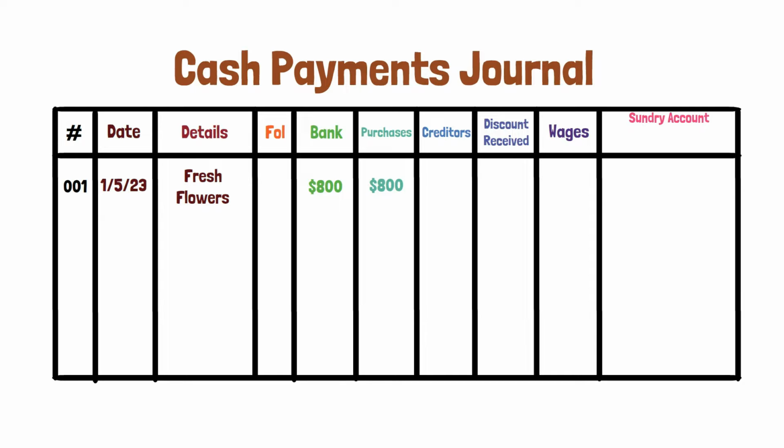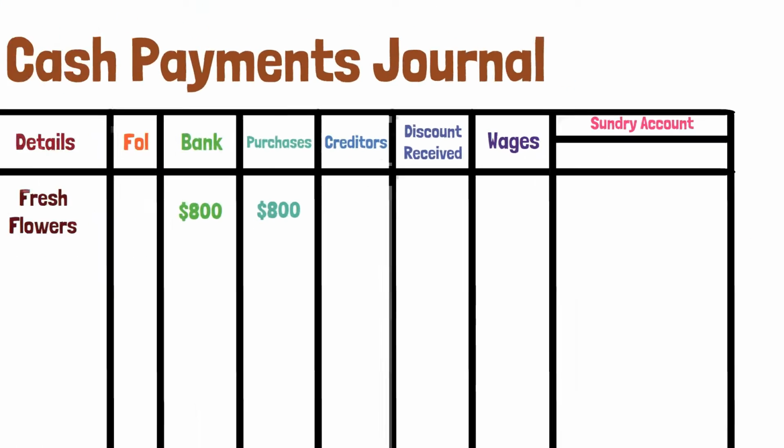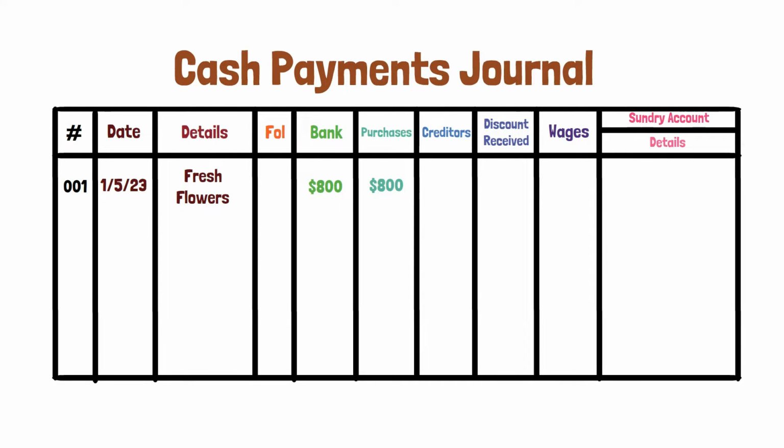In our example, you don't have a specific column for fresh flowers, so you'd record the $800 in the sundry account. Step 6. Additional details. In the details column of the sundry account row, specify that the $800 corresponds to the purchase of fresh flowers. And that's it! You've successfully completed a transaction in your Cash Payments Journal.